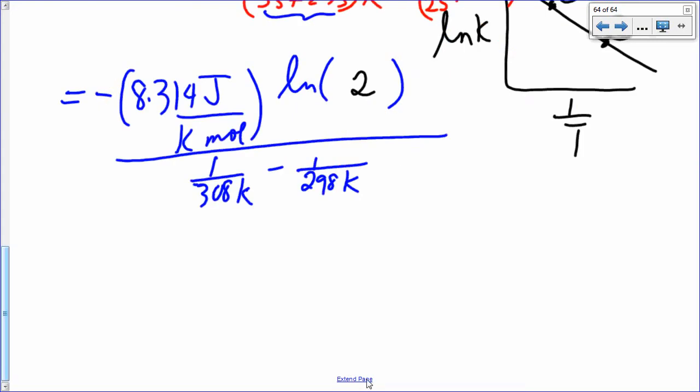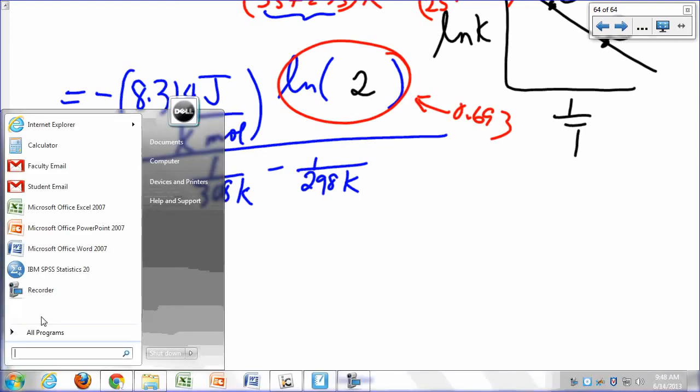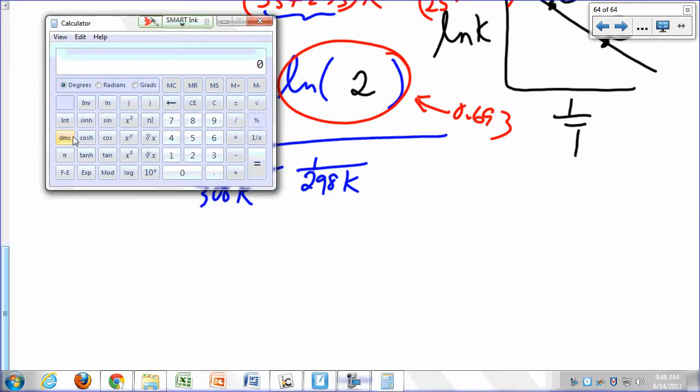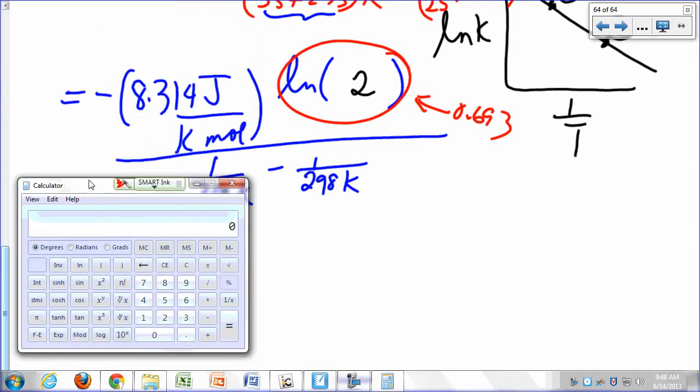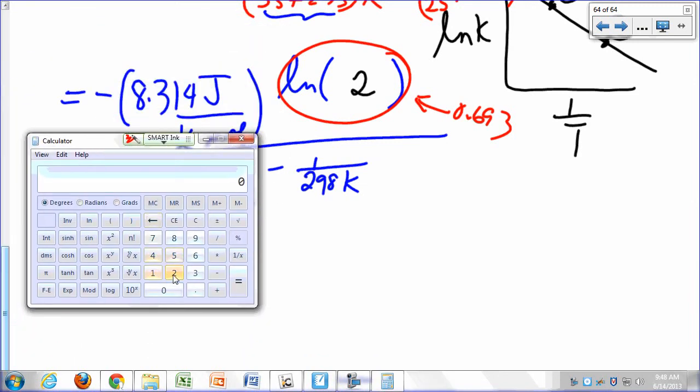All right, so let's solve that. What is ln of 2? That's 0.693. Let's pick up a calculator. Natural log of 2, that's 0.693, multiplied by 8.314.